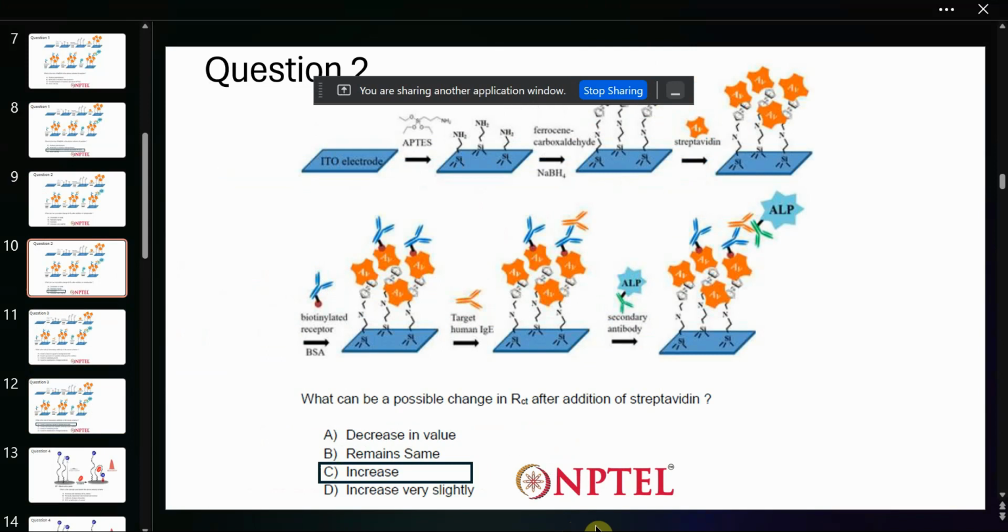So basically, here as I explained, charge transfer is affected because of the heavy protein. Streptavidin is very heavy in nature, so it will slow down the charge transfer, it will slow down the flow of electrons.